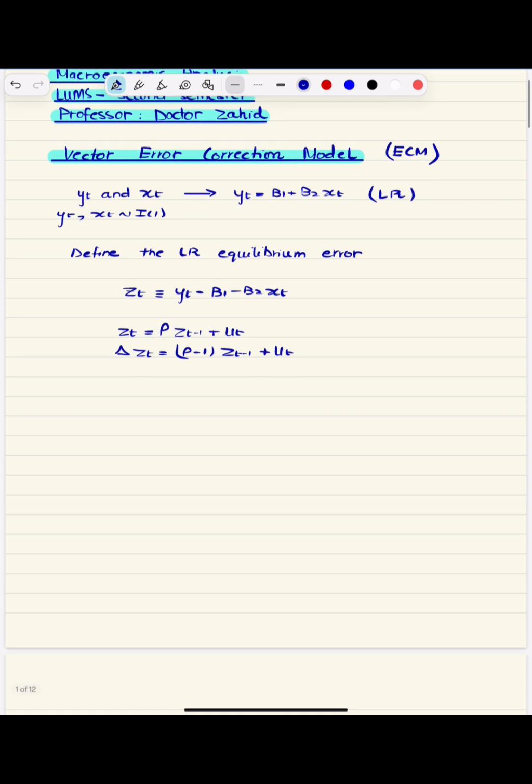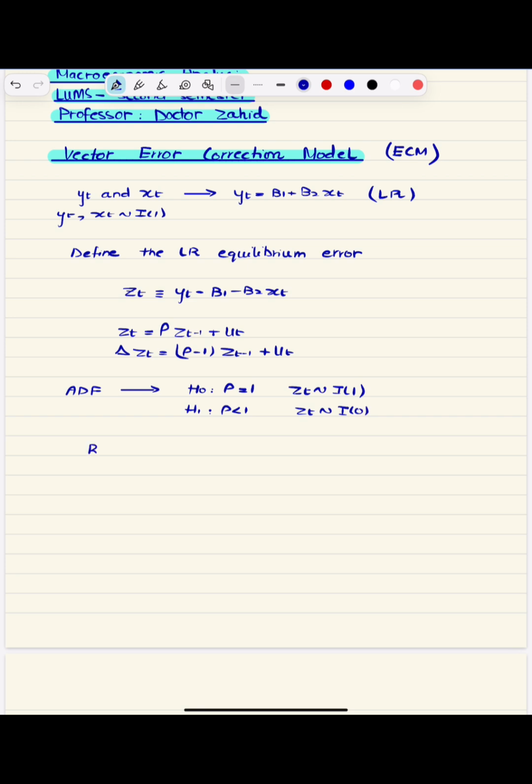When we run the augmented Dickey-Fuller test, our H0 is that rho equals 1, which means that zt, which in this case is the long-run error, is non-stationary. It's integrated of order 1. And if H1, the alternative hypothesis, is true, then zt is stationary, that is integrated of order 0.